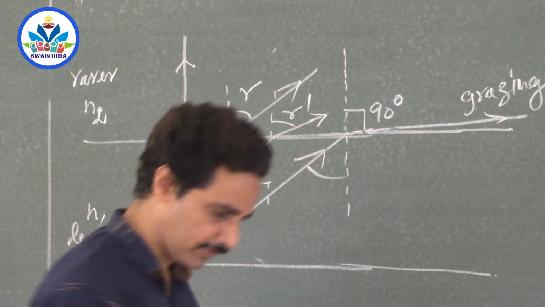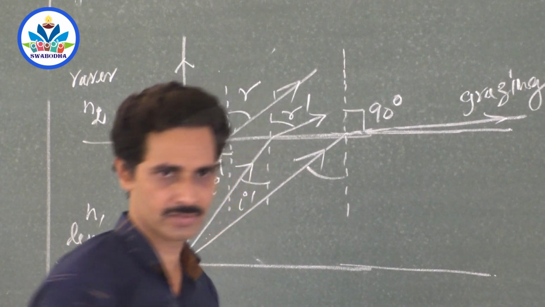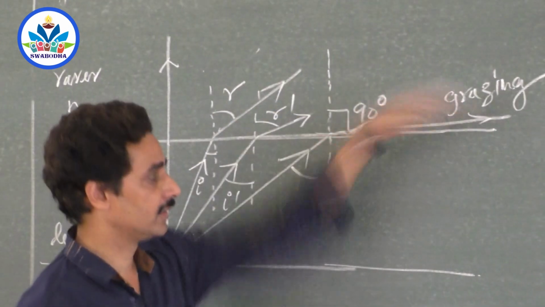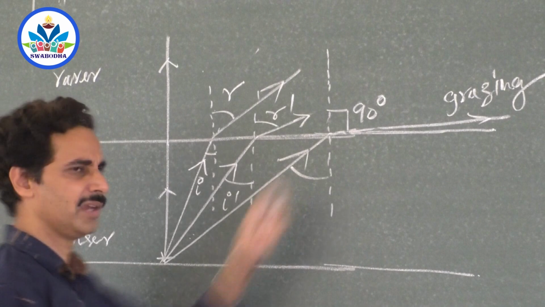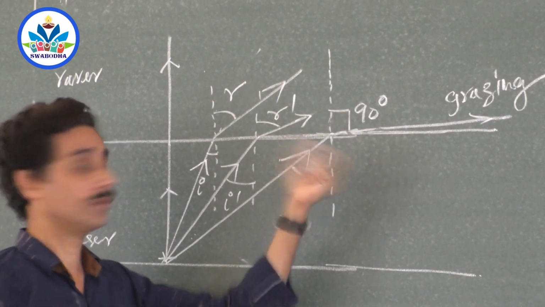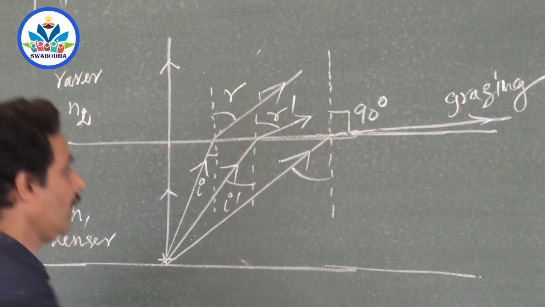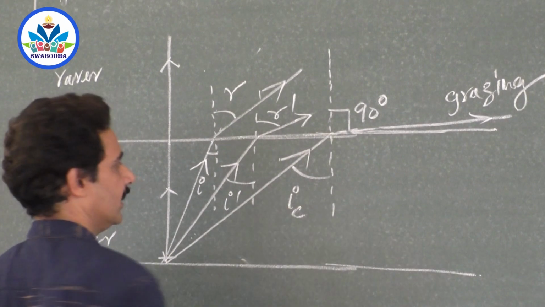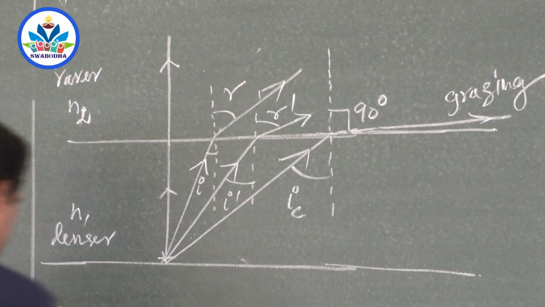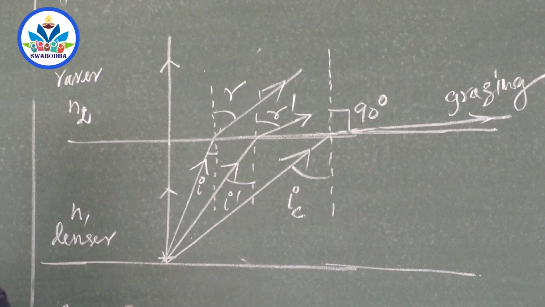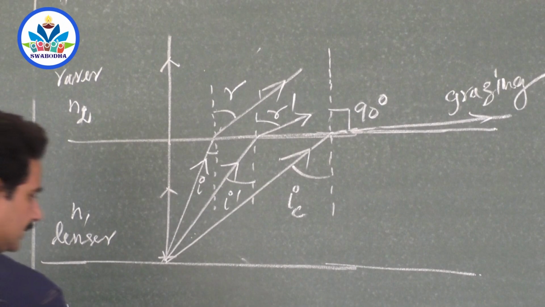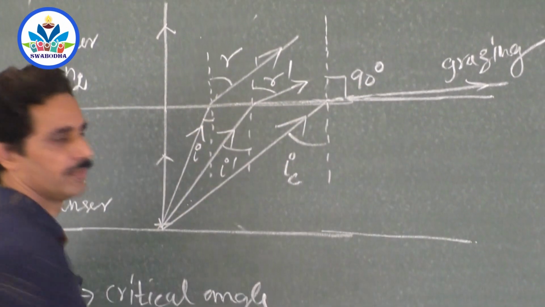A cow is grazing the surface because it is moving parallel to the surface, and this is moving parallel to the surface, almost 89.999 degrees, so almost 90 degrees. I call this angle a special angle called the critical angle, where the angle of refraction is 90 degrees.